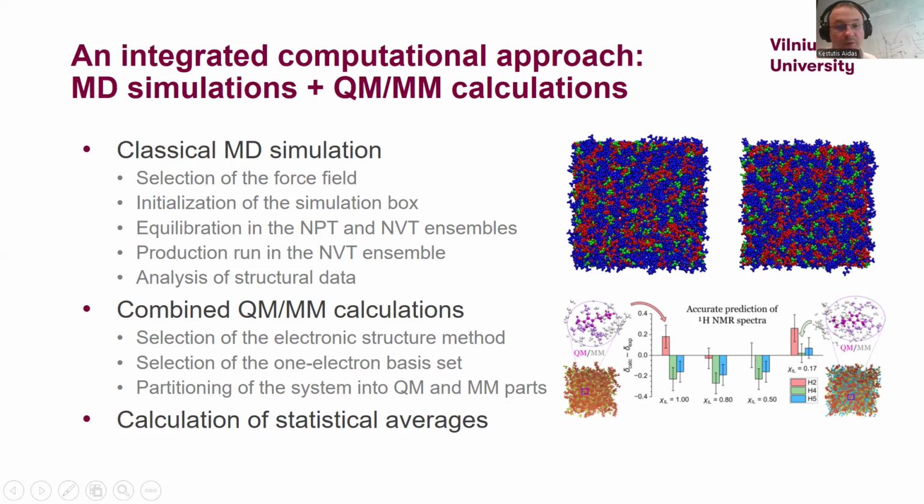But it is also possible to expand the quantum mechanical system by including some of the solvent molecules which are close to the solute. And this is normally needed, especially if there are hydrogen bonding interactions formed between the solute and the solvent, but also other types of interactions, maybe pi-pi stacking could be important as well.